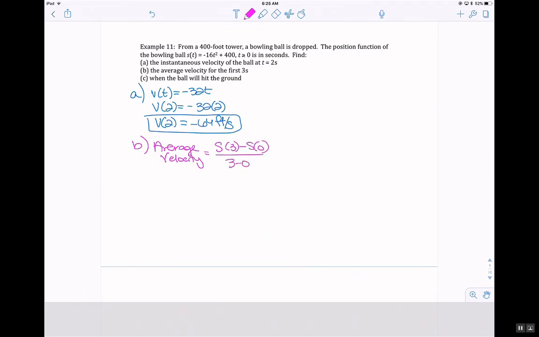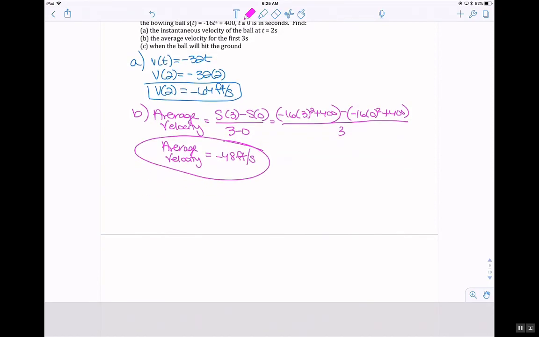So -16 times 3 squared plus 400 minus -16 times 0 squared plus 400, all over 3. So your average velocity, when you do the arithmetic, will give you -48 feet per second.